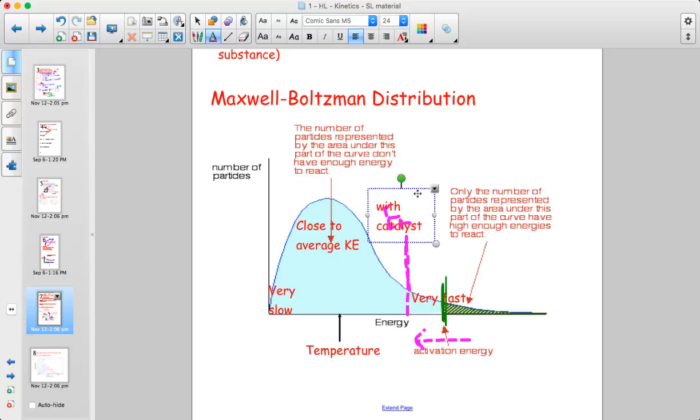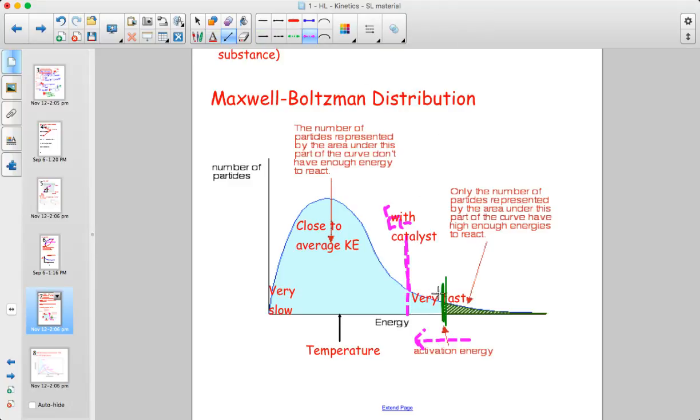Okay, and so EA with the catalyst is a lower activation energy, and now you've got all these particles here that have enough energy to react as a result of adding that catalyst. So more particles have sufficient energy to react.